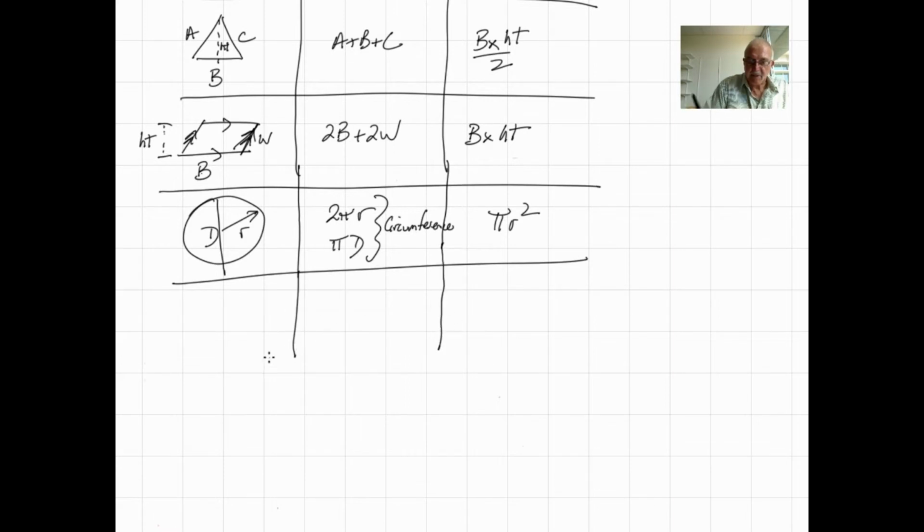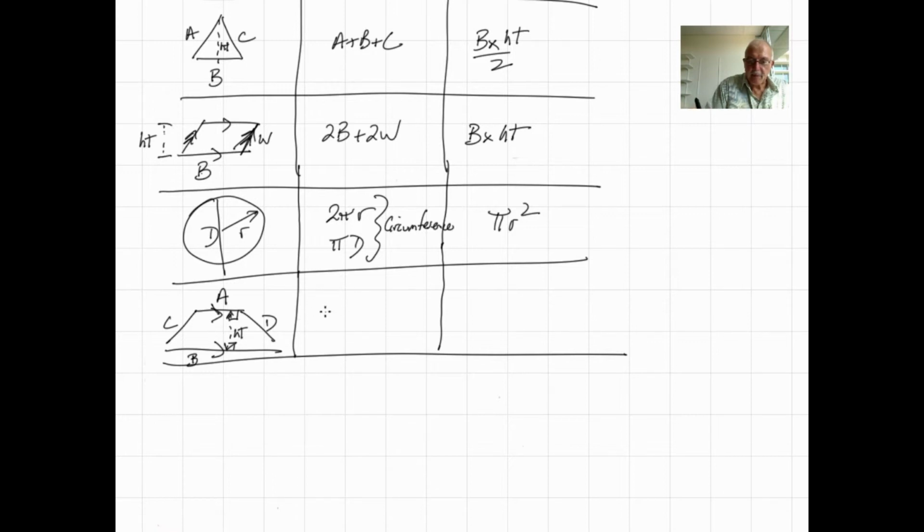Lastly, in this basic review, we've got trapeziums. A trapezium is when you've got just one pair of parallel sides. So we'll call that B and that A, that C and that D, and this will be the perpendicular height, perpendicular to both of those.